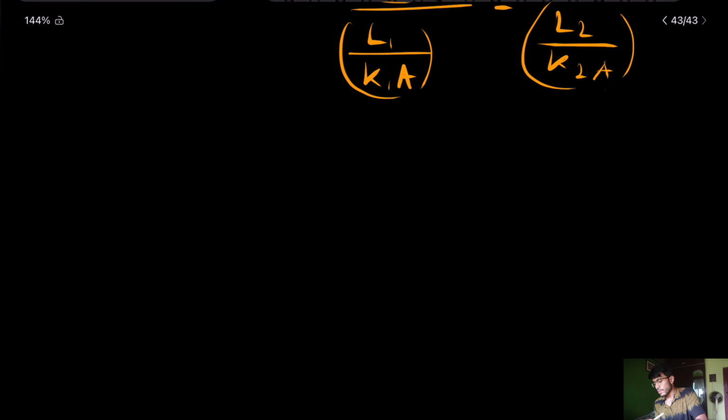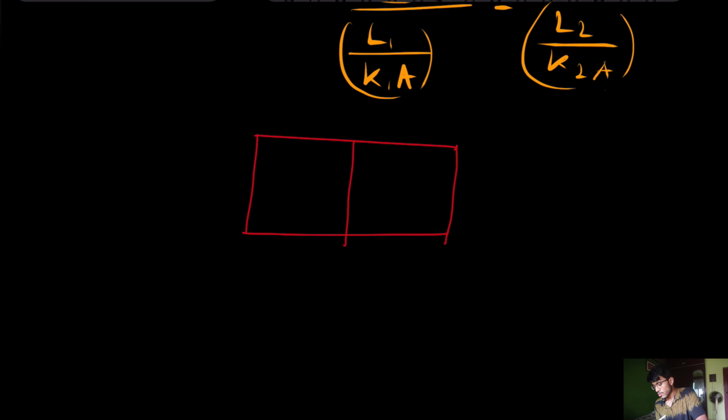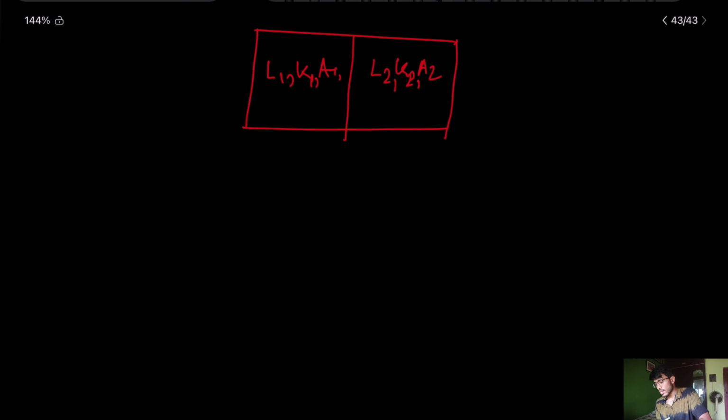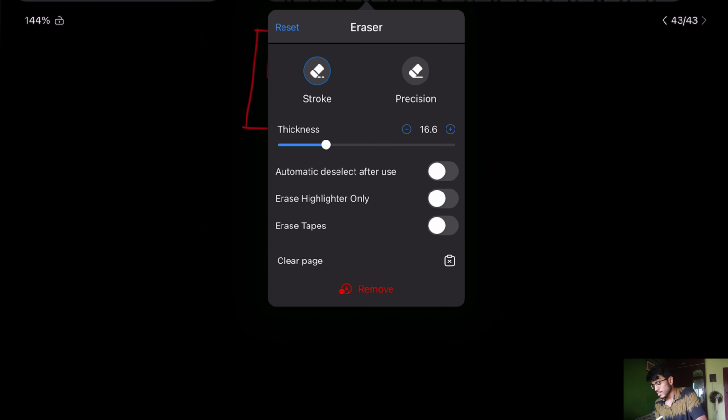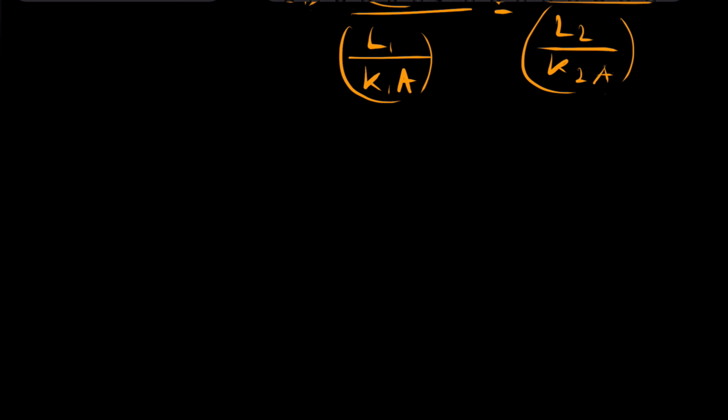Therefore, the main objective of doing all these things was, if you have a block like this, okay, L1 K1 A1, L2 K2 A2, then it is analogous to, so let me draw it neatly.